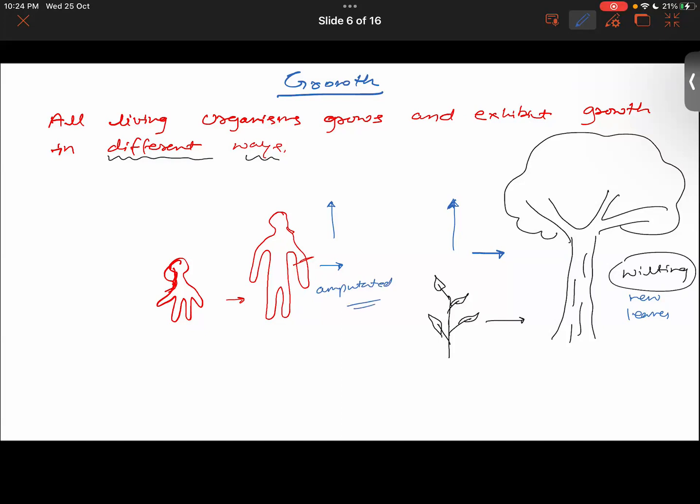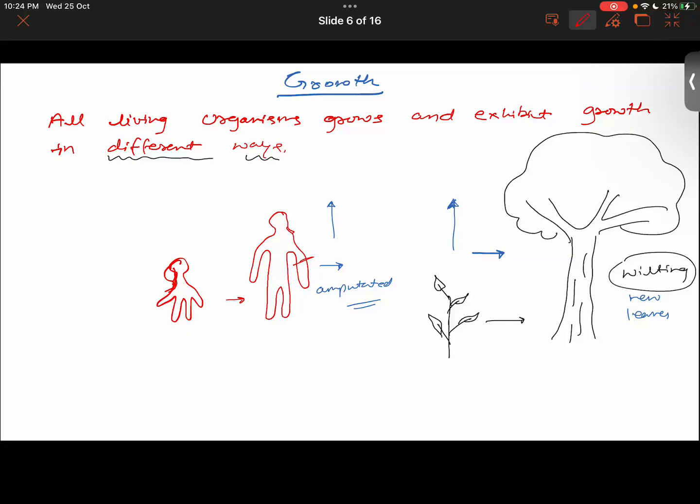No. Obviously no. But in the case of leaves, if the leaves were wilted, then after the spring season, new leaves will come out in the tree, right? So growth has different meanings for different types of organisms.